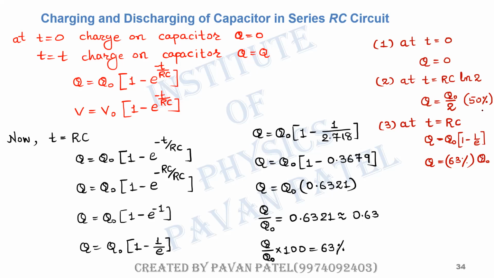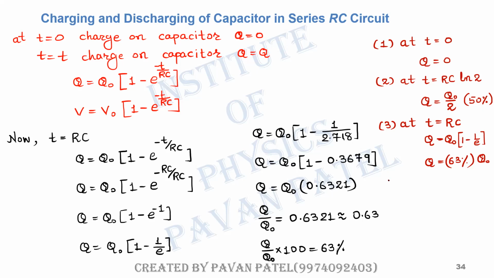That was 50% of q0, q0 by 2, which means 50%, half. Here it is 63% when t equals RC. That was t equals RC ln 2.